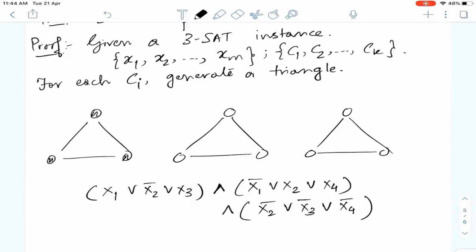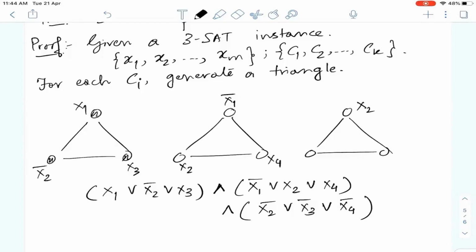So what I do is I have generated these triangles for each of the clauses, and now I will label those with the literals. So this I label with x1, this I label with x2 bar, this I label with x3, this I label with x1 bar, this with x2, this with x4, and now I label this with, let's say, x2 bar.